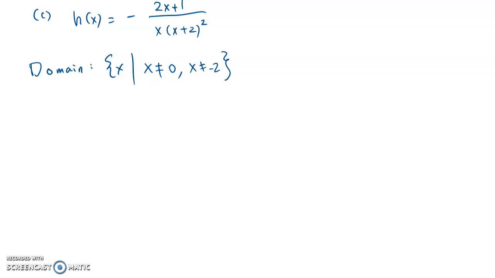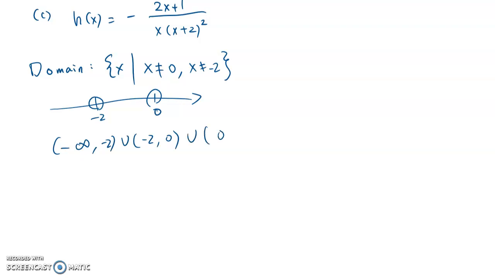Of course, you can write this in interval notation. It's the whole number line except -2 and 0. So it will be -infinity to -2 union -2 to 0 union 0 to infinity. Okay, that is the domain.